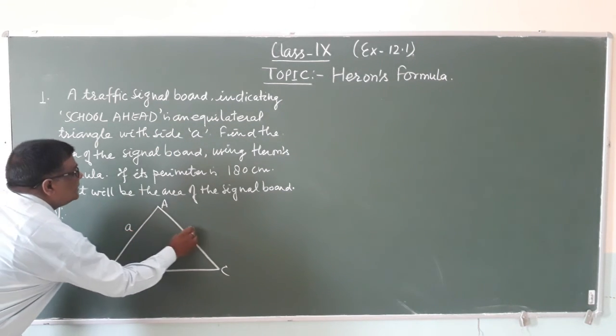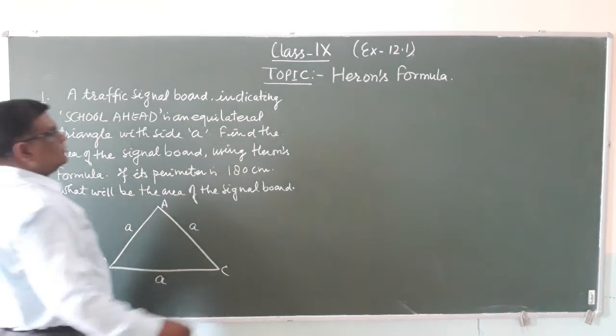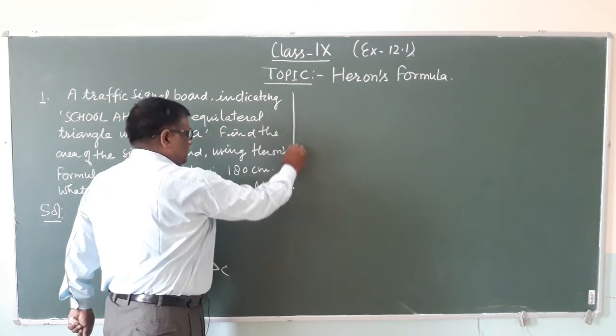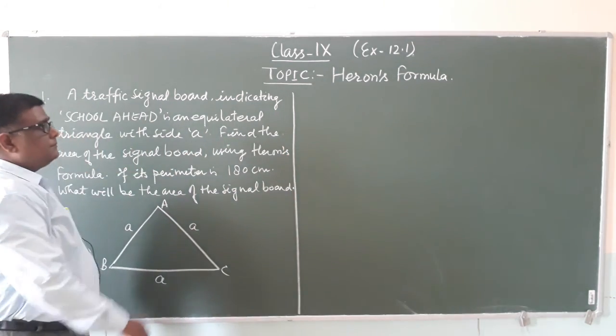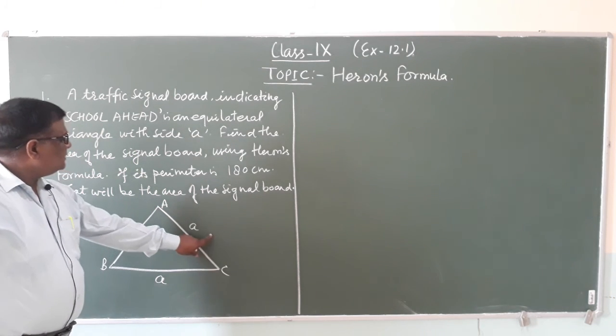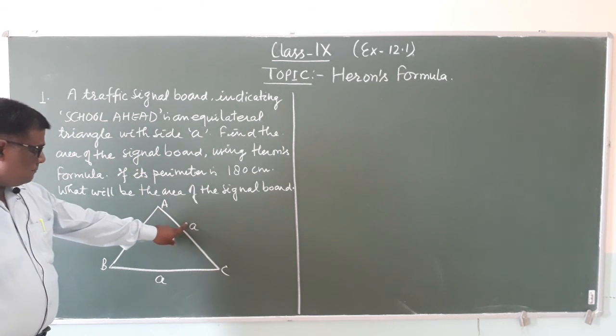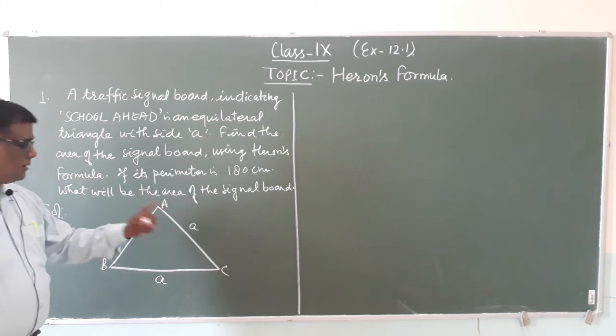Now here the sides are A, A and A. First of all we have to find the perimeter, that is the sum of the three sides, AB plus BC plus AC.